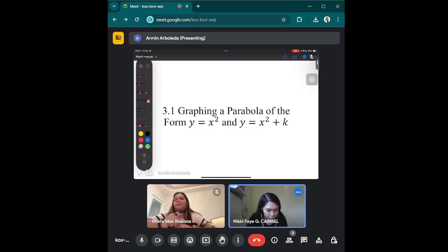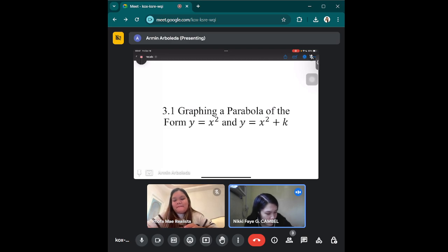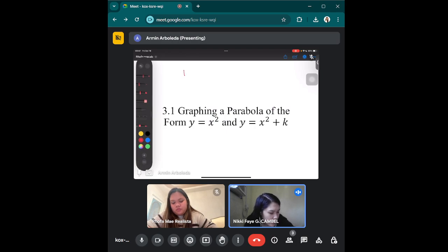So, meron tayong general form na parabola that is y equal to ax squared plus bx plus c. Or pwede mag-change yung y and x. That would be x is equal to ay squared plus by plus c.